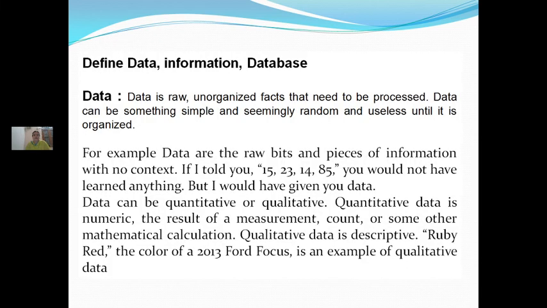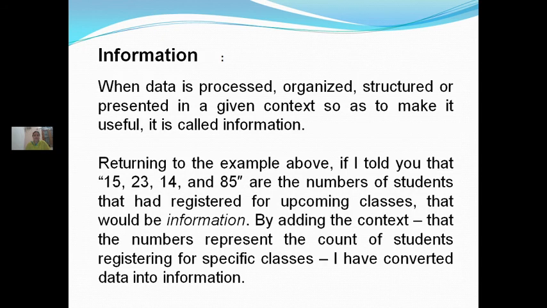Before, in data, we said 15, 23, 14, 85, but you did not say anything, you had just given the list. But here you are saying that these are the numbers of students who have registered for upcoming classes. So this is nothing but information.